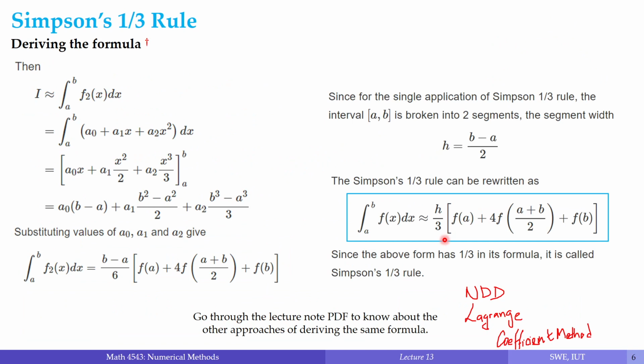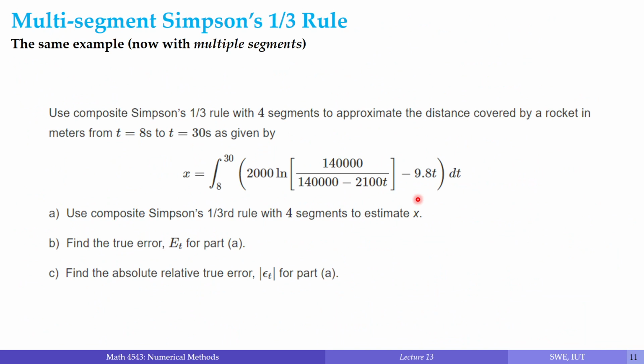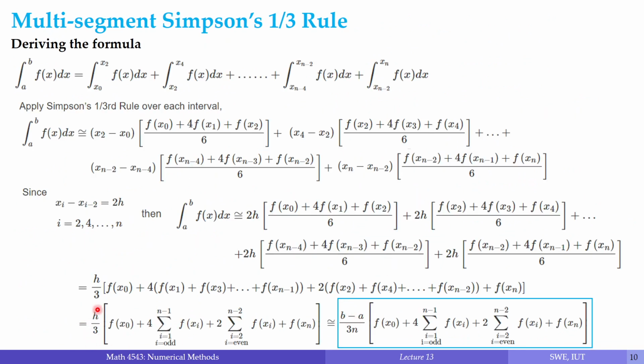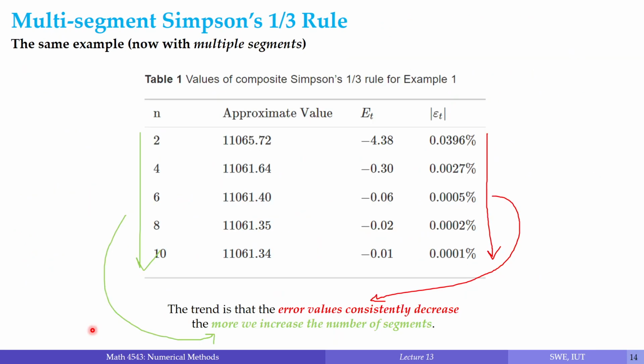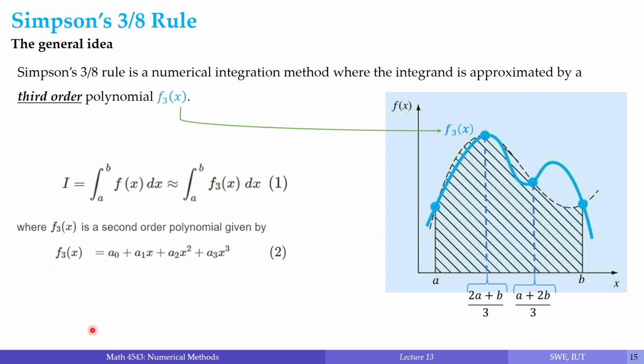In the case of Simpson's 1/3 rule, there is a 1/3 fraction multiplied with this whole formula, both in the non-composite version and in the composite version. In the case of Simpson's 3/8 rule, what we'll see in a bit is that we end up with a leading factor of 3/8, which is why the naming convention is like this.